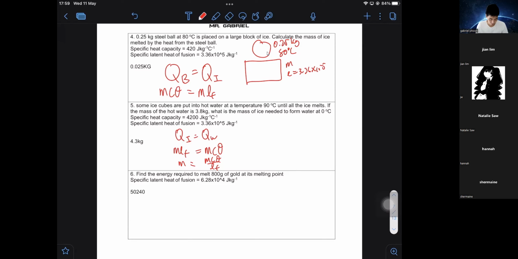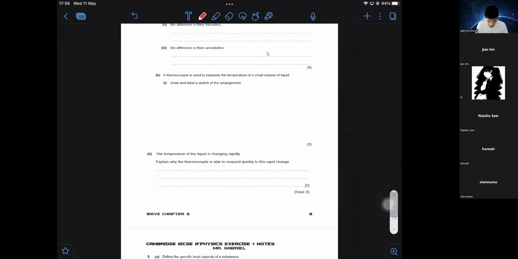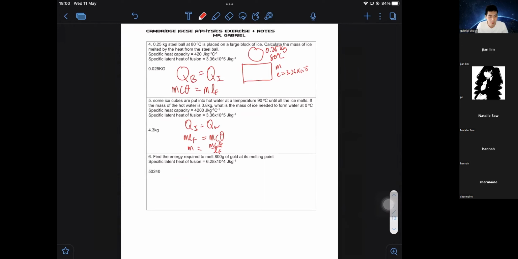Okay, if there's no questions, let me assign you guys some homework. Now you see all these questions at the bottom here, this is going to be your homework. On top of that, I would highly recommend you start off with some Google Sheet questions. Let me send it to you guys right now. Do the Google Sheet questions first. It's always recommended that you do the ABC questions first.